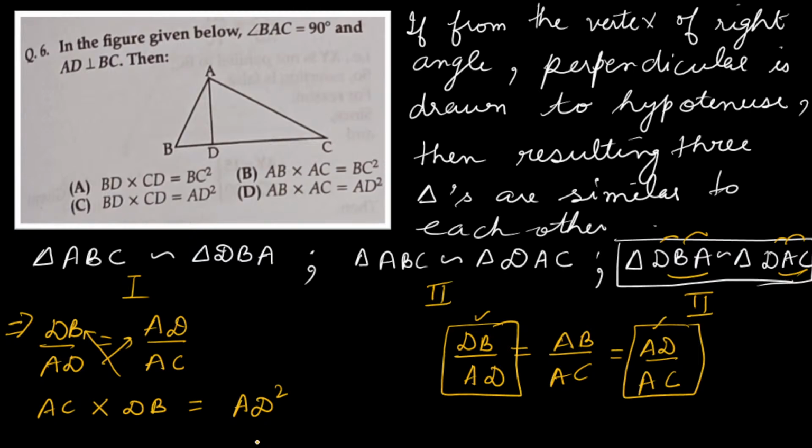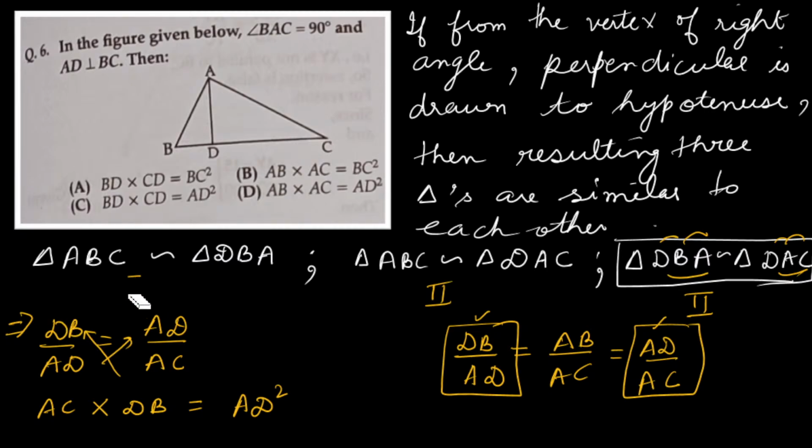So do we have any such option? AD square we have in the options, but the options are AC into AB, and here we have BD into CD, in option C. Okay, no problem.